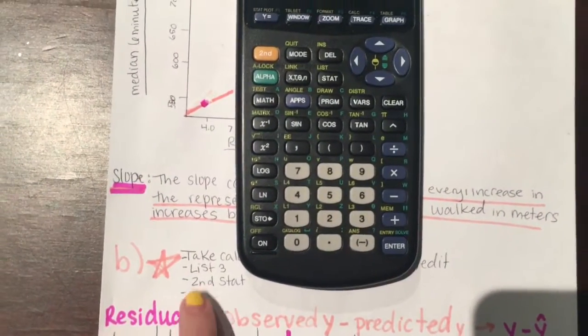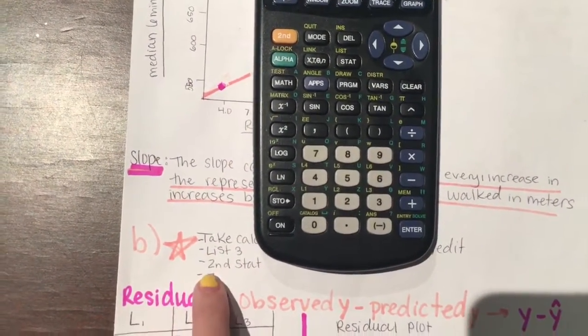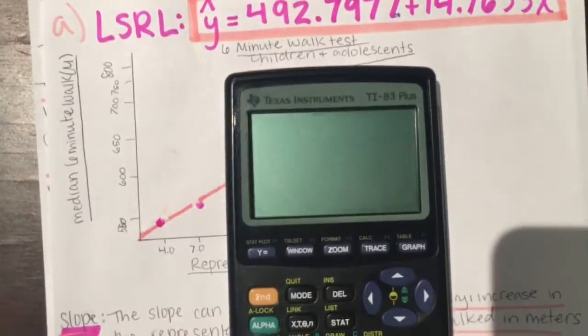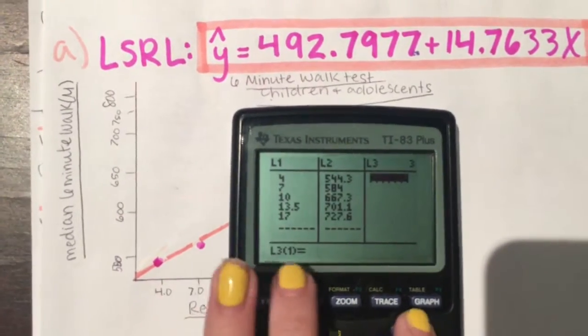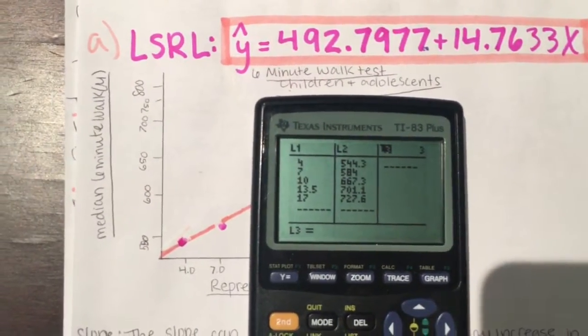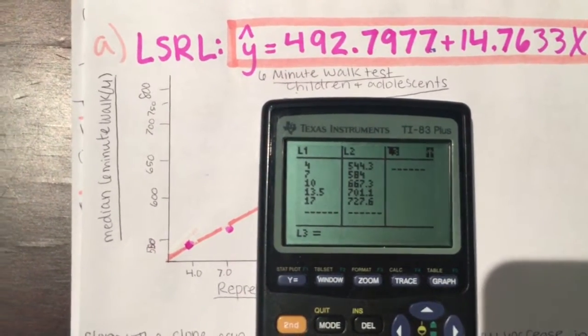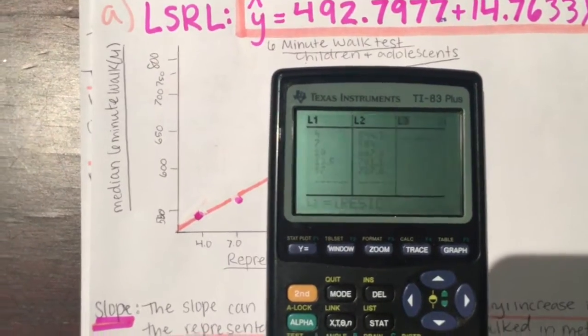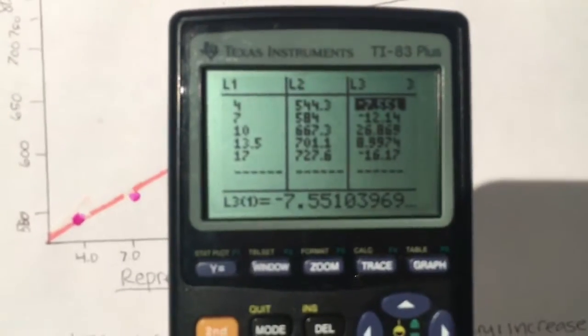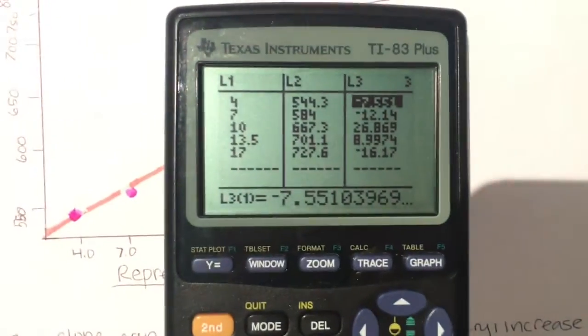In list 3, I'm going to hit second, stat, 7, which is resid, and hit enter. And that's going to give me my residual points.